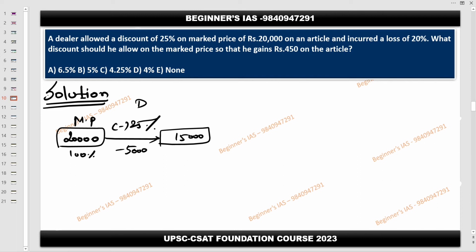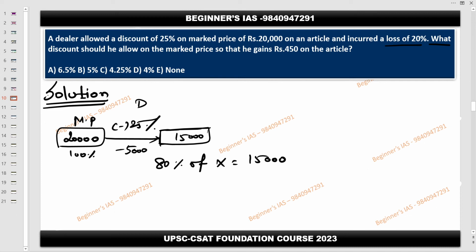Now with this amount he incurred 20% of loss. 20% loss means for how much percentage is he selling now? 80% of X is equal to 15,000.